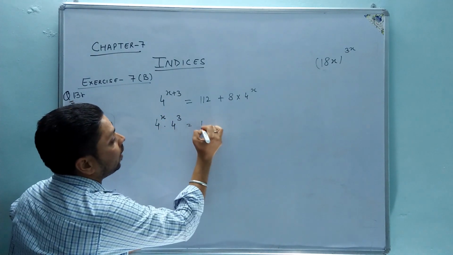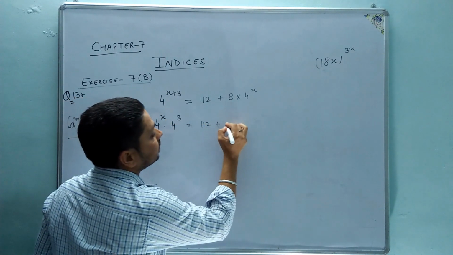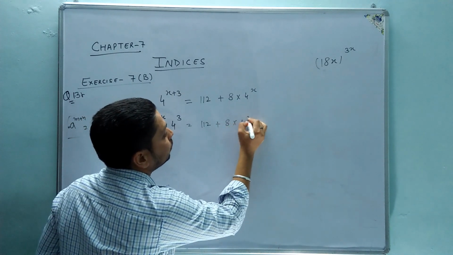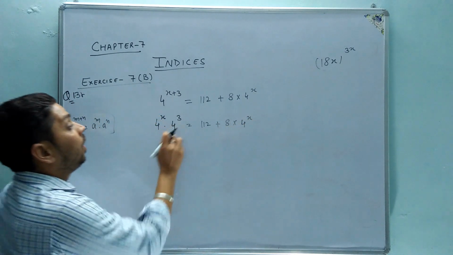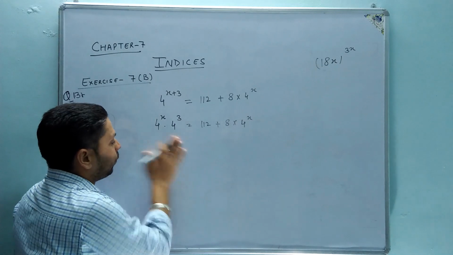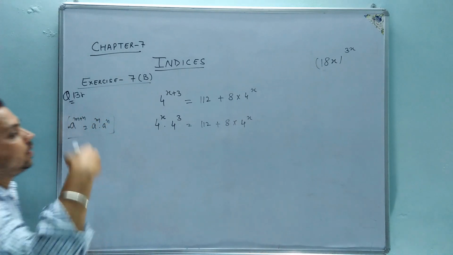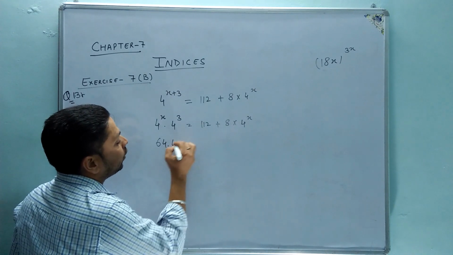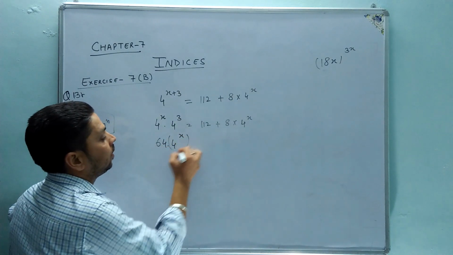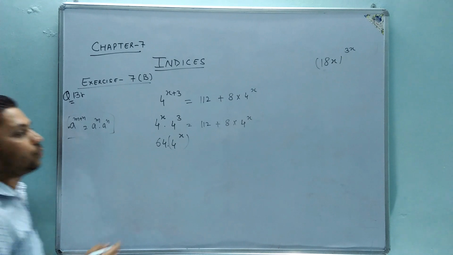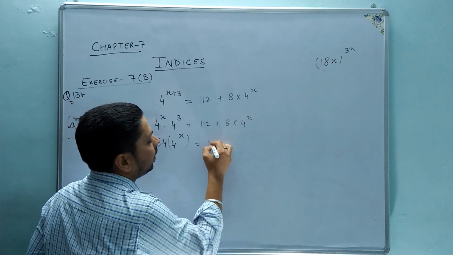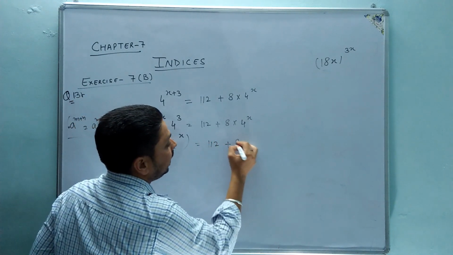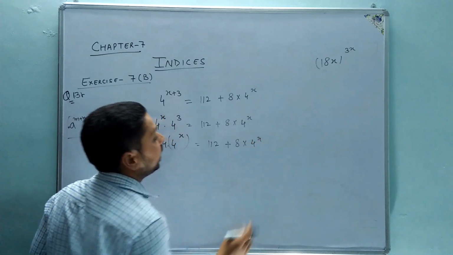This is equal to 112 plus 8 into 4 raised to power x. 4 cubed will give you 64. 64 into 4 raised to power x is equal to 112 plus 8 into 4 raised to power x.